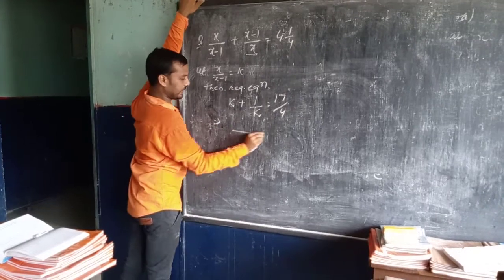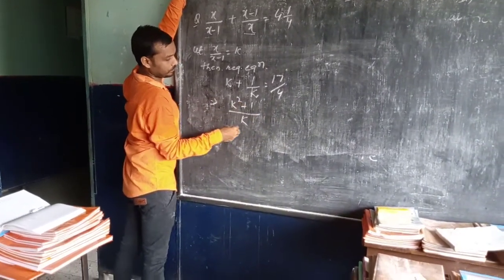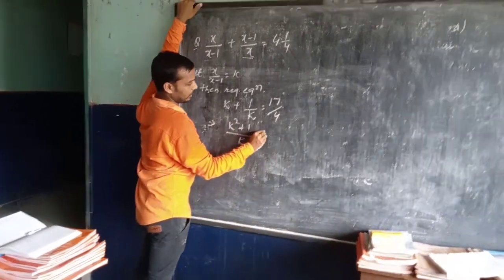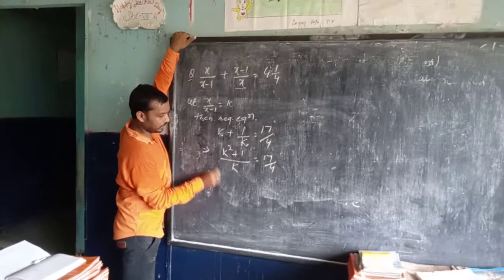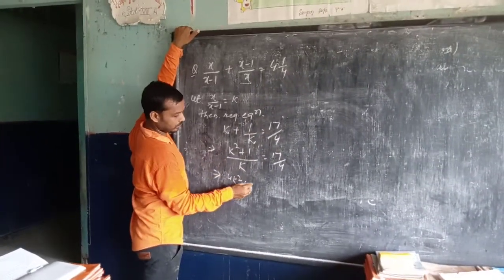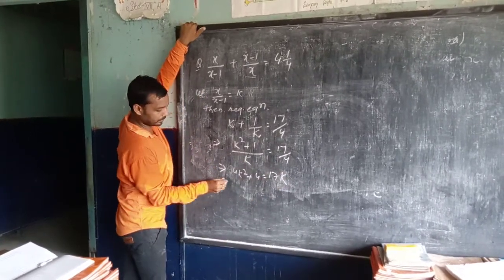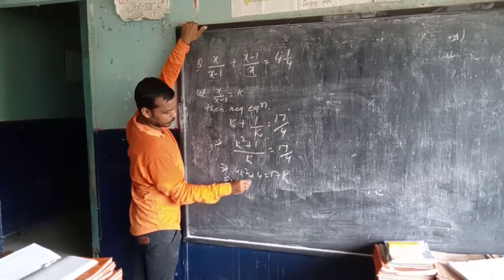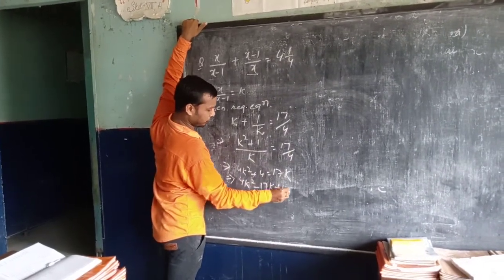Now take the LCM: k square plus 1 equal to 17 by 4. Cross multiply it: 4k square plus 4 equal to 17k, so 4k square minus 17k plus 4 equal to 0.